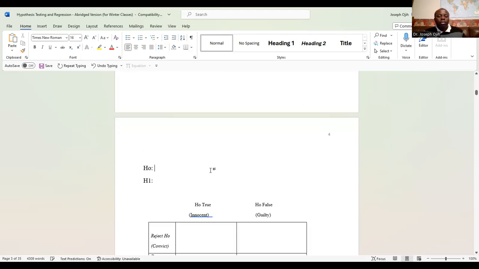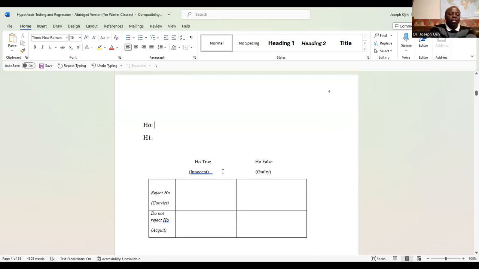Now, this is a hypothesis. The null is that the defendant is innocent.